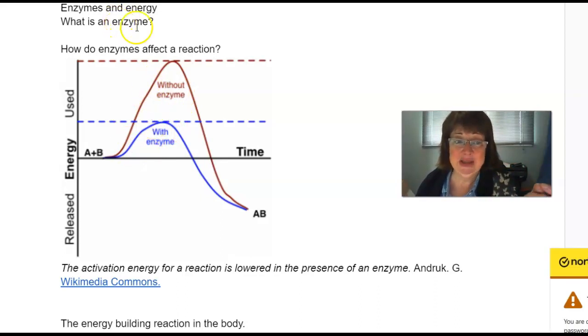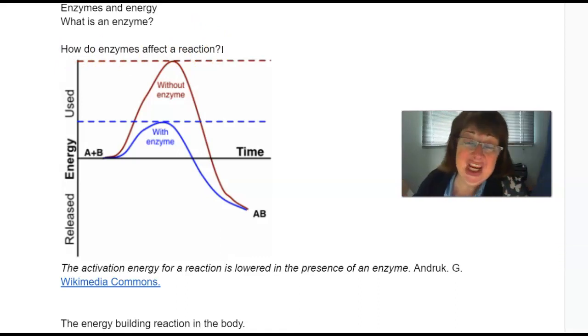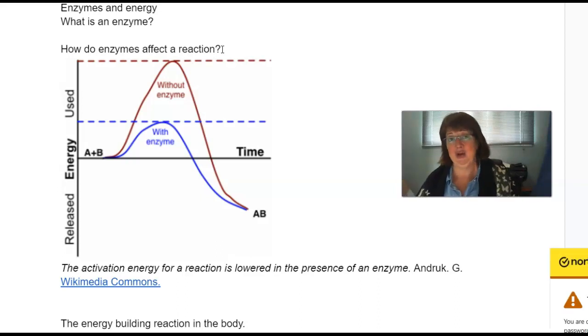An enzyme is a chemical that helps a chemical reaction occur. How does it affect it? It lowers the activation energy. It doesn't change what you get at the beginning or the end. It just makes it easier to happen.